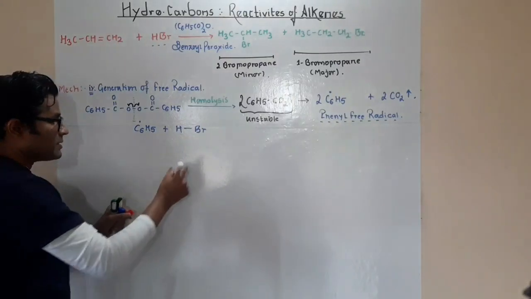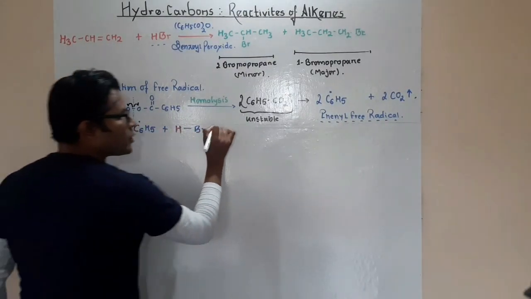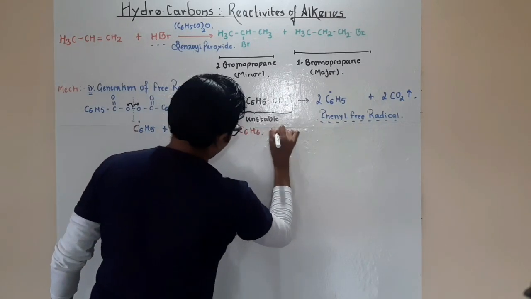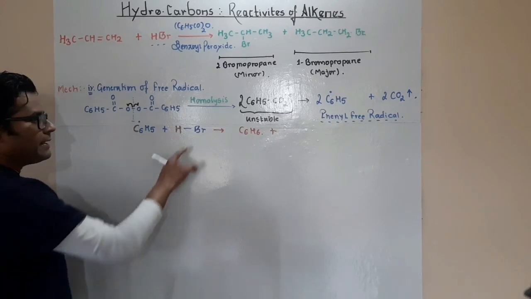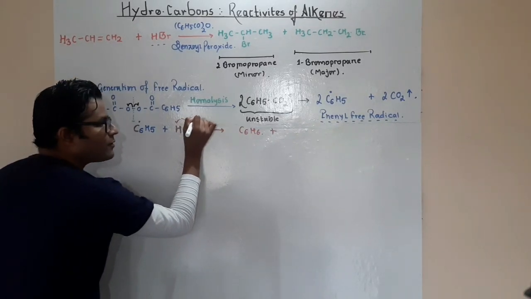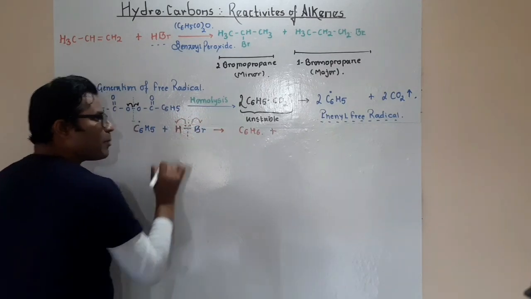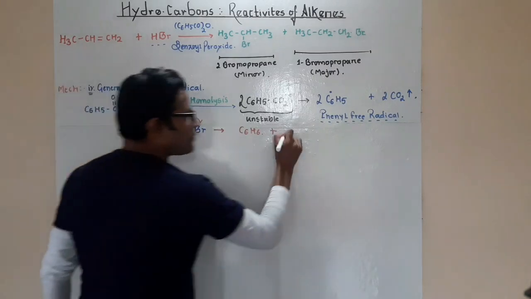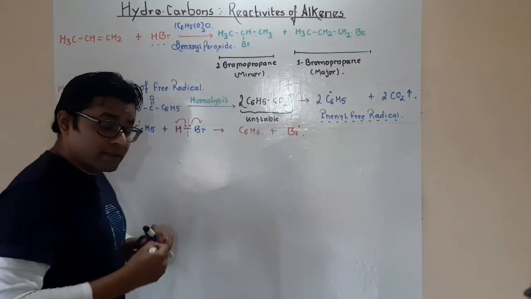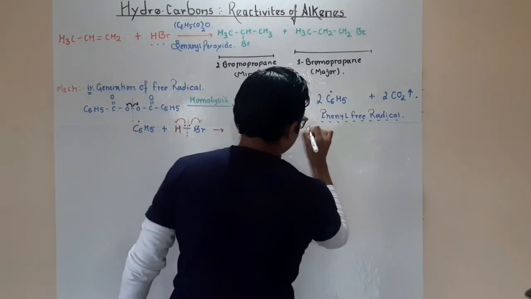This hydrogen combines with the carbon to yield C6H6, benzene. The other electron goes with the bromine, so the bond has cleaved and we get Br with a dot, the bromine free radical.